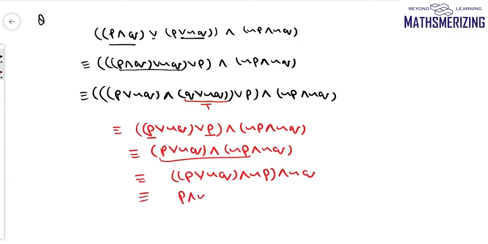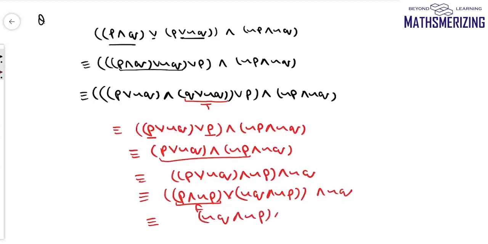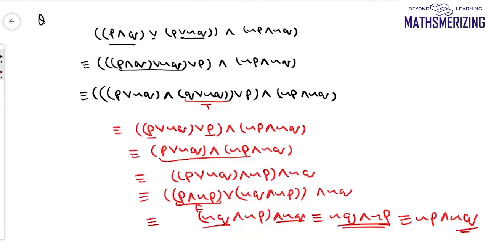So this is P and not P or not Q and not P and not Q. Now P and not P, it is false, and false or A is simply A. So this is not Q and not P and not Q. Now not Q and not Q is simply not Q. So this is not Q and not P. So the statement is equivalent to not P and not Q.